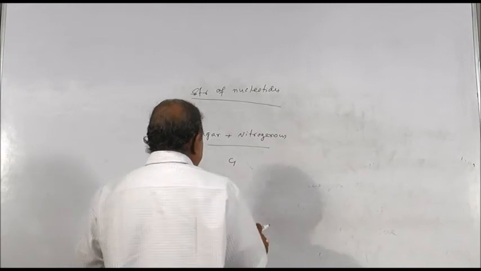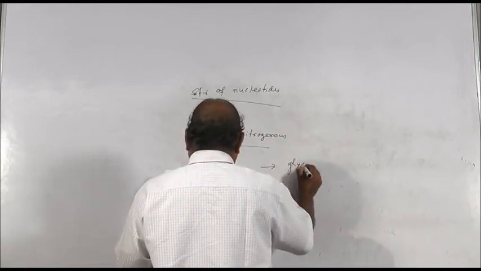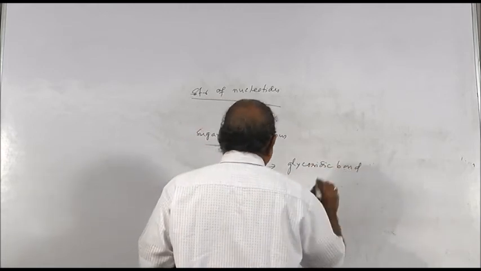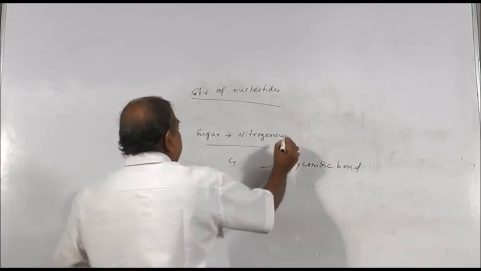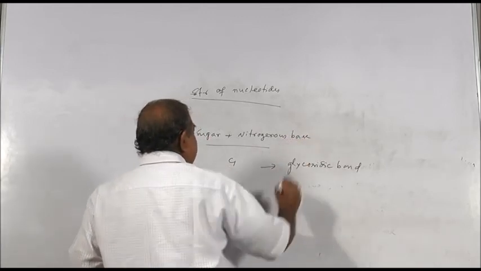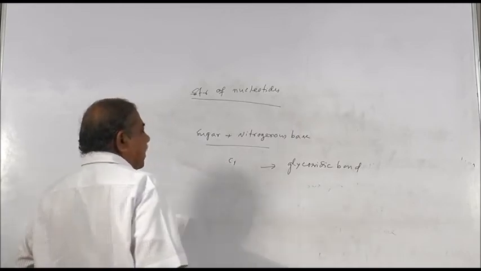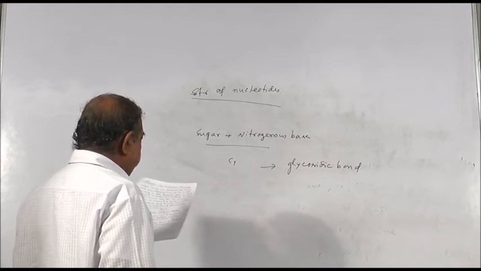This bond is called a glycosidic bond. So the sugar combines with the nitrogenous base through its first carbon atom, the C1 carbon atom, and this linkage is known as a glycosidic bond.